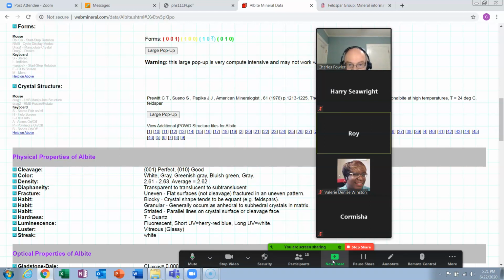Yes, question. Would limonite actually be spelled with a Y after the O? Okay, I always call it limonite, but are you saying limonye? Never mind, I'm sorry, I was looking at the wrong one.